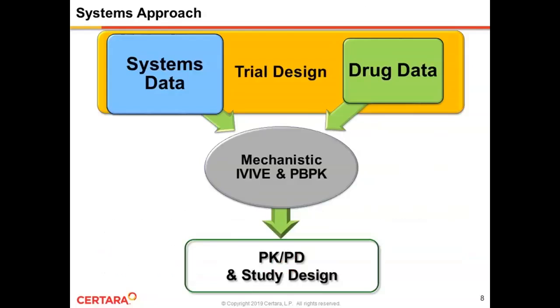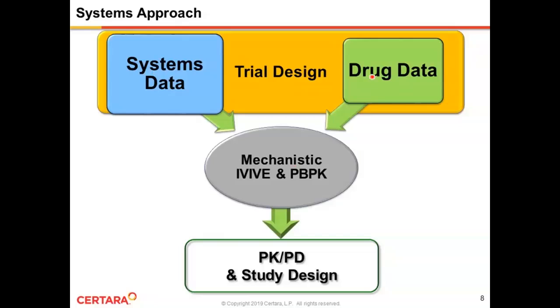So when looking at the overall architecture of the animal simulators or even the Simcyp simulator, the architecture is similar, where you can see that we divide the simulator into three parts, wherein you have the systems data, which is basically the species data and the species library, the physiological and anatomical parameters, the enzyme abundances, etc. And then you have the trial design, and then you have the drug data.